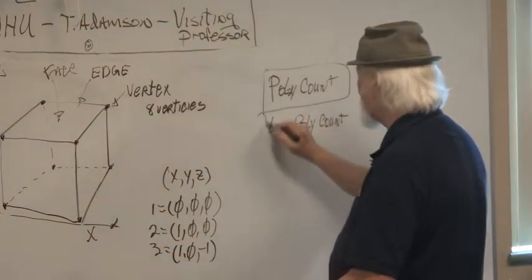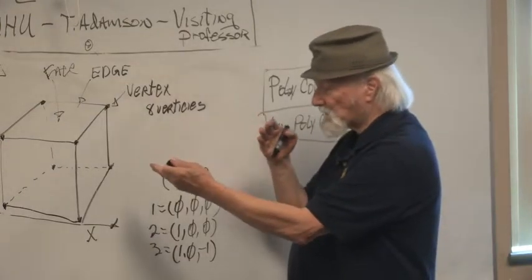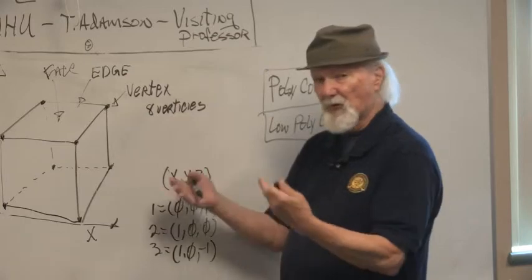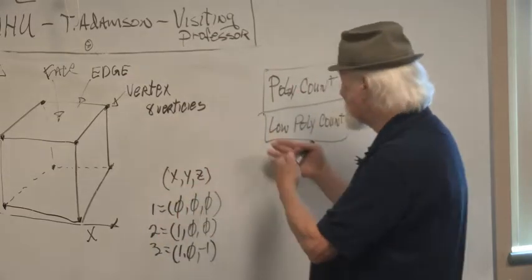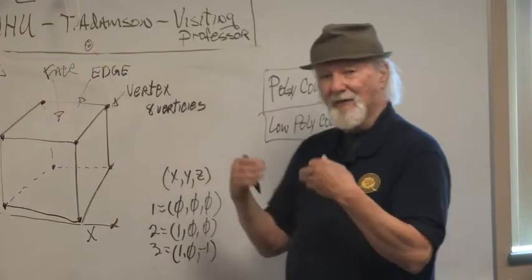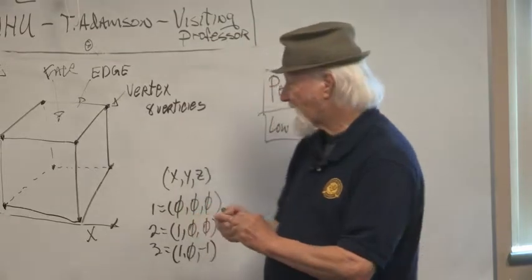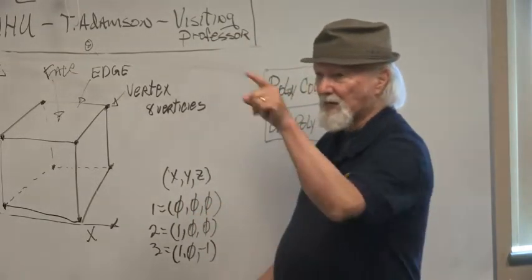The reason why I want a low poly count is so that I don't use so many computer resources and slow things down. However, I need to have a balance. The lower the poly count, the less real, so to speak, objects look. The higher the poly count, the better they look. Okay, we're going to go back to the screen now.